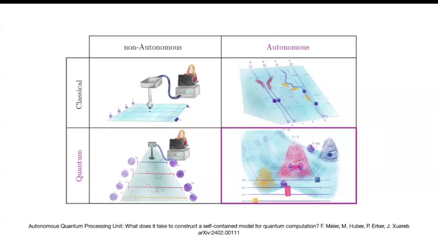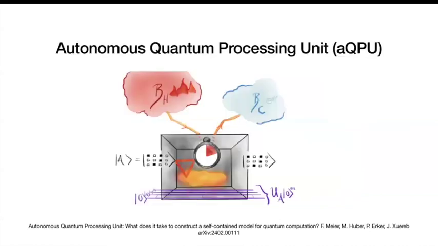And so on this quantum level, the autonomous regime, we imagine, for example, hard-coded interactions with these pulses and all of these little machines that drive the clocks that drive the interactions. And so here's another illustration of how we model this autonomous computer, which we call a QPU. It's driven, again, by a hot and a cold heat bath, which gives us this out-of-equilibrium resource that allows us to run a clock.